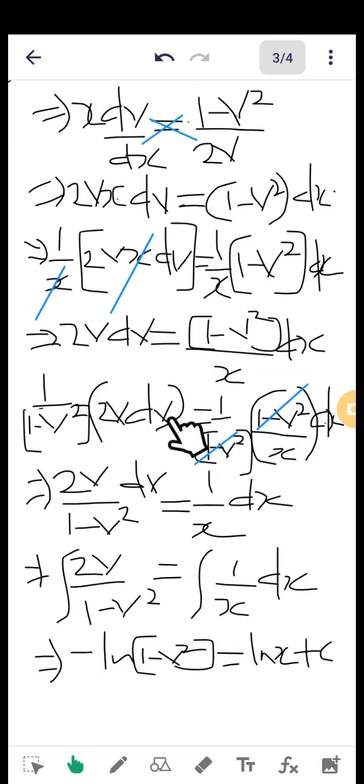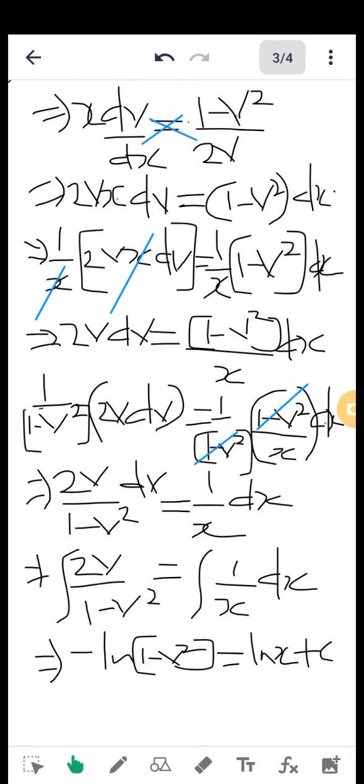Then the left hand side, we are going to get 2v over 1 minus v square. The equals now the right hand side, we are left with 1 over x dx. This implies the integral of 2v over 1 minus v square equals the integral of 1 over x dx.